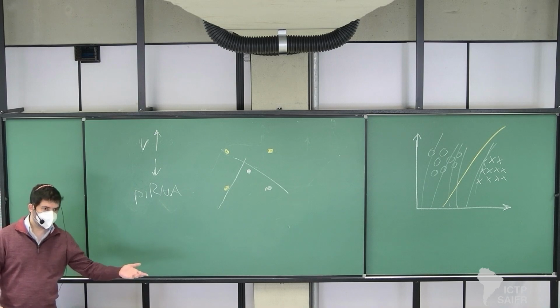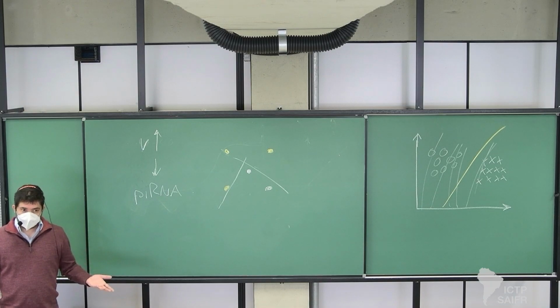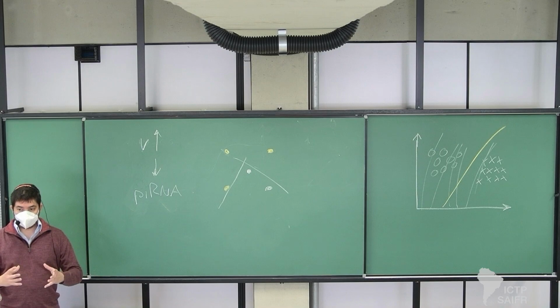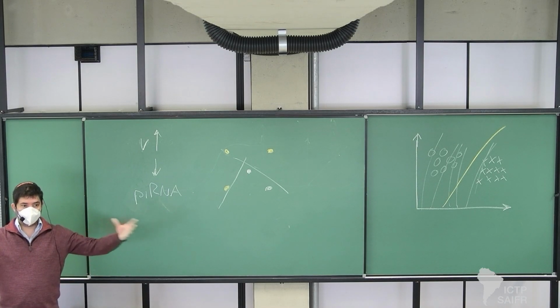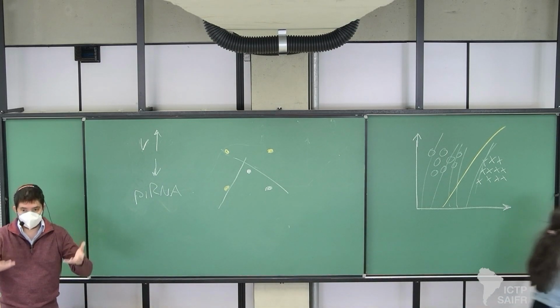Usually, if you have a lot of data, you can try to use a lot of hyperparameters, okay? Because if you have a very small amount of data and you use a very big neural network with a lot of parameters, for sure you are going to overfit your data.